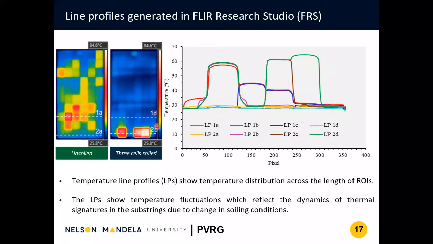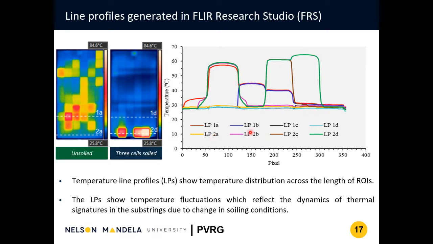So when the 3 cells were soiled, the temperature of cells in region 1, as indicated by the line profile 1D, that is the blue line, is almost the same as the temperature of good cells in line profile 2A.